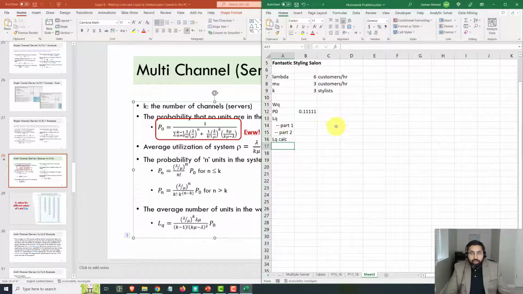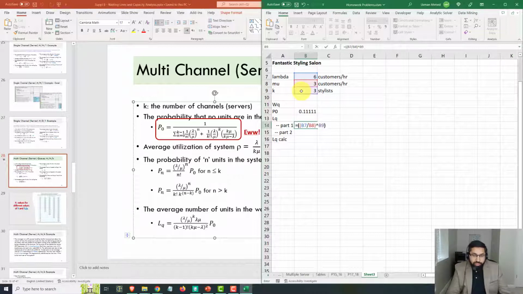Okay, so part 1, I can see from this formula, is lambda over mu, and then you raise it to power K, multiplied by lambda, multiplied by mu. So I take lambda, I divide by mu, and I raise it to the power K, and then I'm going to put all of this in brackets, so I make sure that the raised to power happens before multiplying by lambda, and then I multiply it by mu.